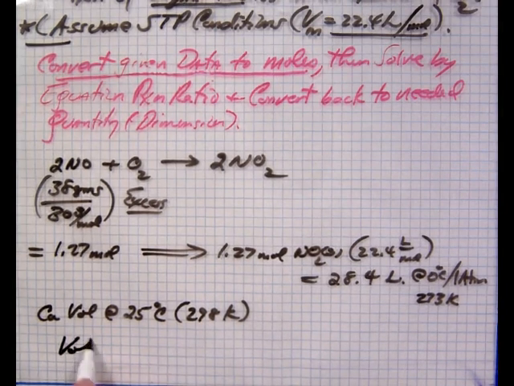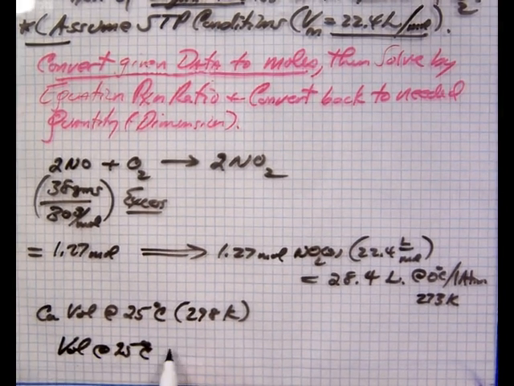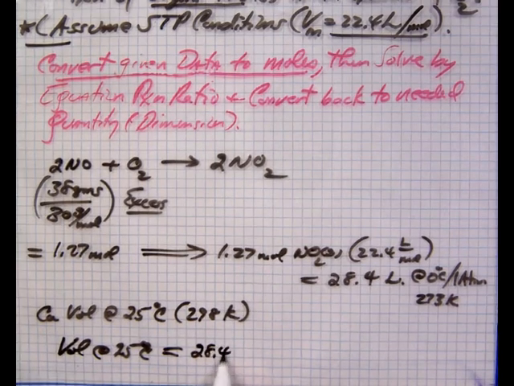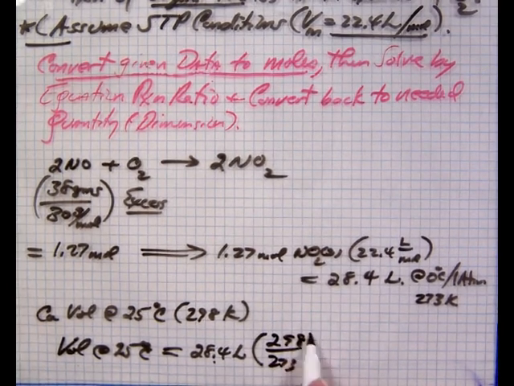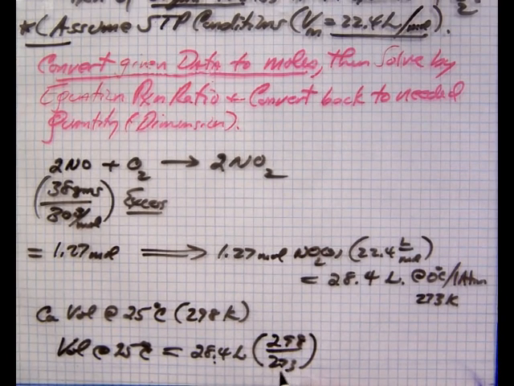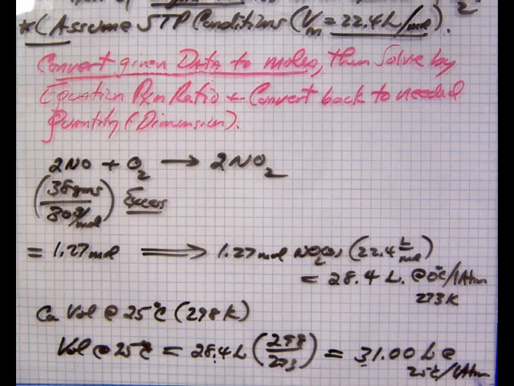So volume at 25 degrees Celsius is equal to 28.4 liters, that's at 0 degrees, times 298 over 273 Kelvin. See, that's a bigger number than if I flip this over, which would make that number smaller. So when I use the temperature correction adjustment for warmer, it brings us up to a larger number, which is 31.00 liters in this particular case.